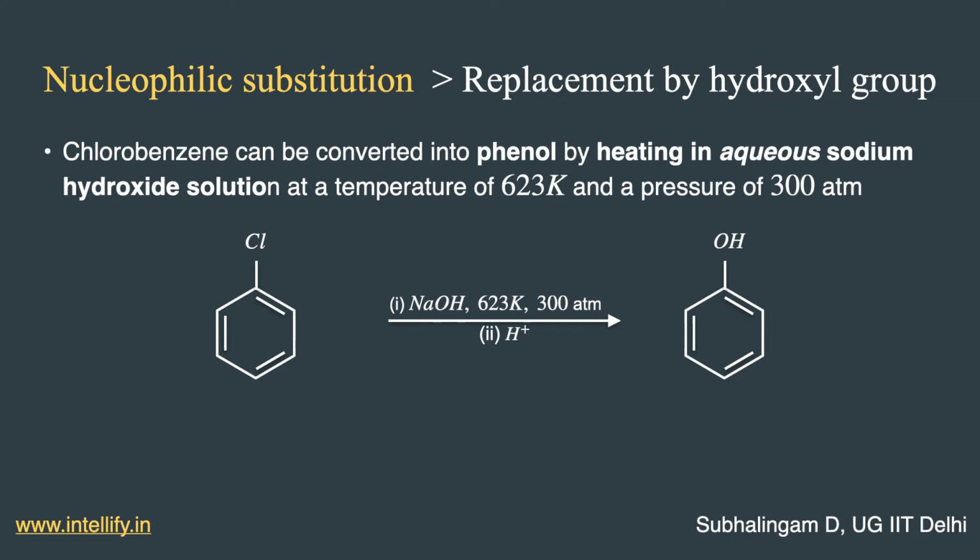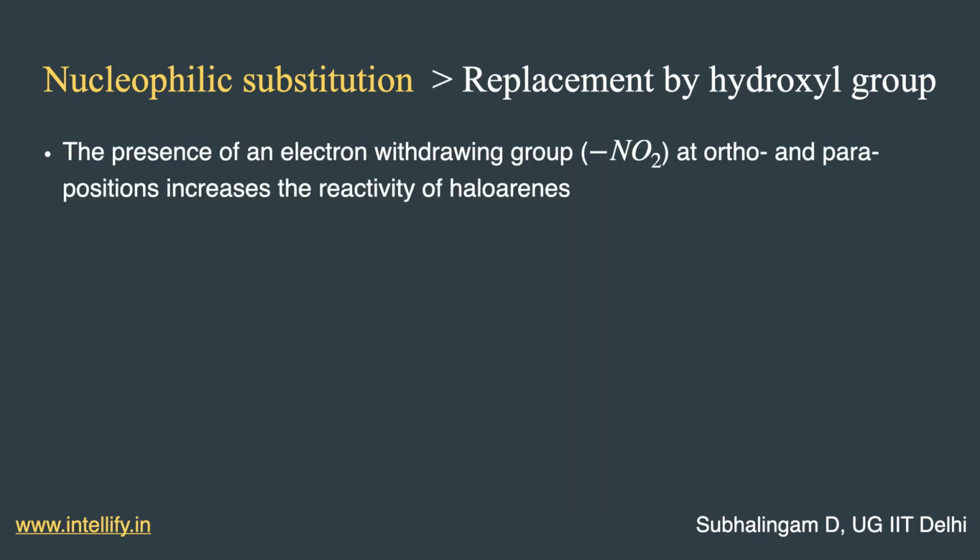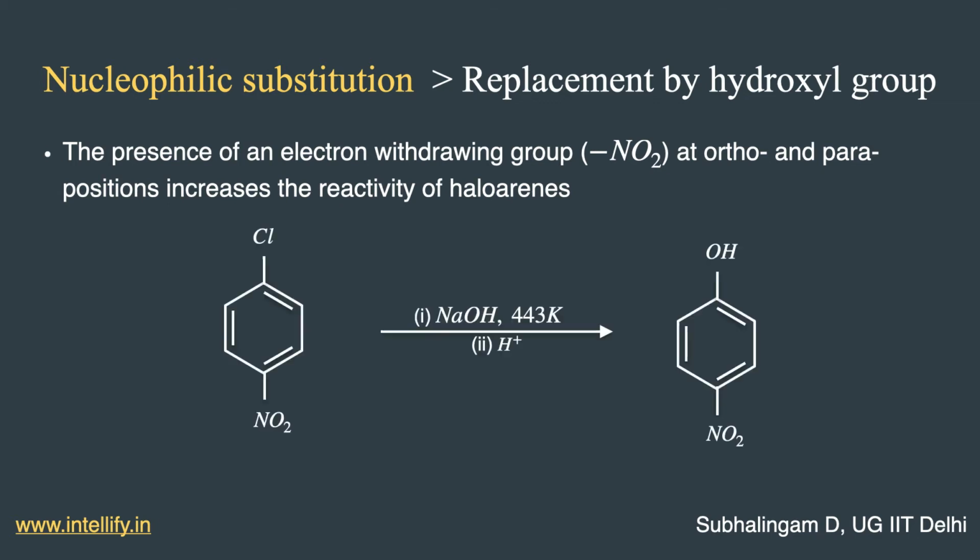Now let's see what happens if an electron withdrawing group like NO2 is present. The presence of an electron withdrawing group like NO2 at ortho and para positions increases the reactivity of haloarenes. As a result, the conditions have come down.